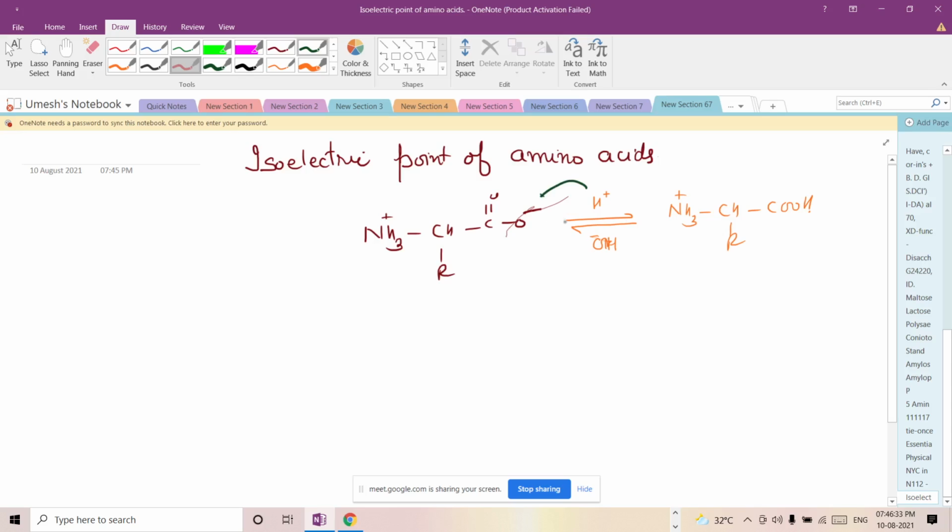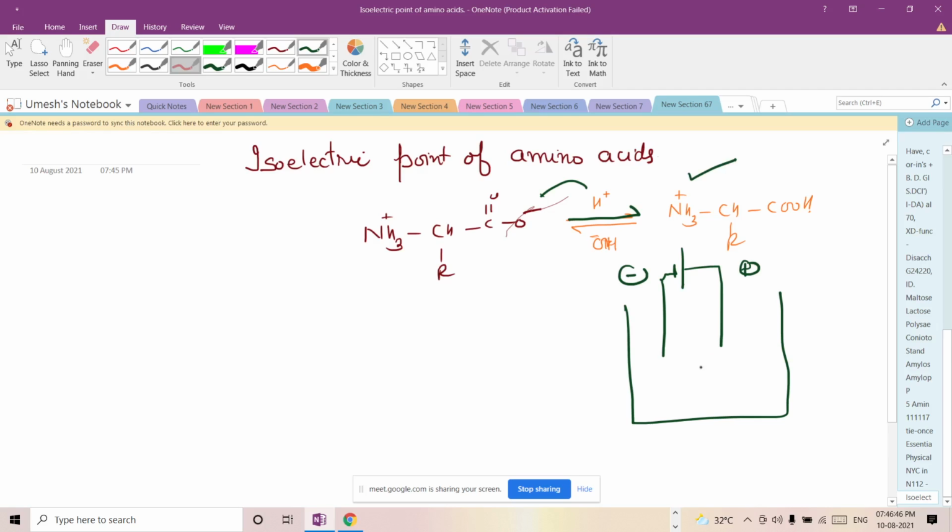In the acidic medium, if you're passing current, it is positively charged and it will move towards the negative electrode.